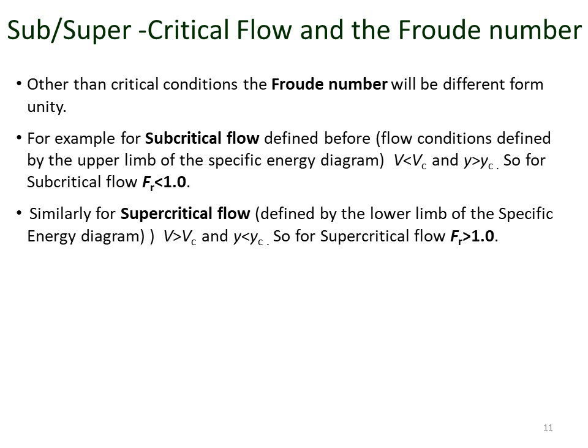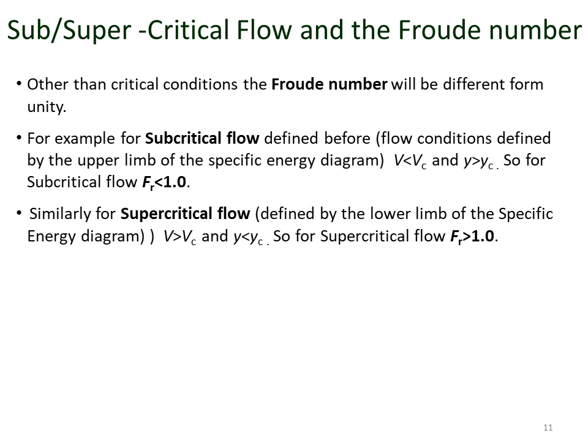So, you can imagine that if the flow conditions are different from the critical conditions, the Froude number will also be different. Let's see, for example, subcritical flow.